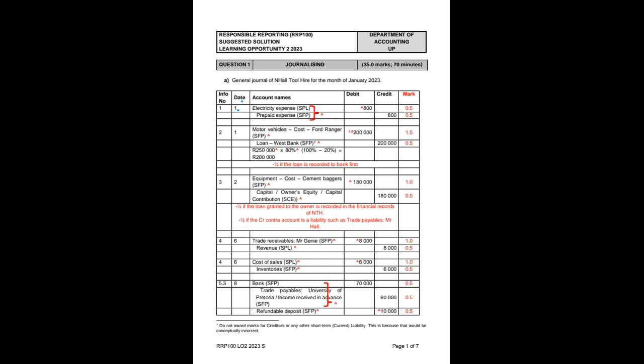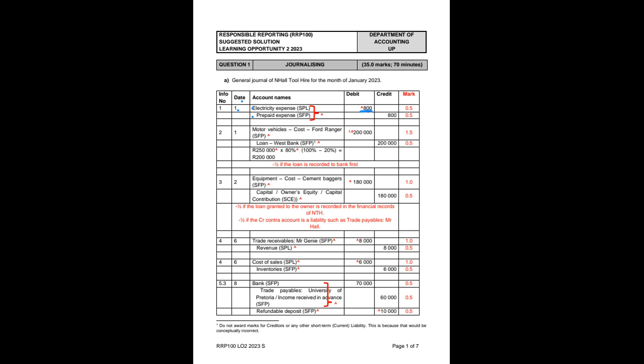So it doesn't make sense for us to leave it as a prepayment, as an asset. So instead, we unwind or release it from being an asset and we create an expense. So that's what we're doing here. So we debit expense, credit the prepayment for an amount of 800 Rand. That's the first journal entry that needs to be passed at the beginning of the month.